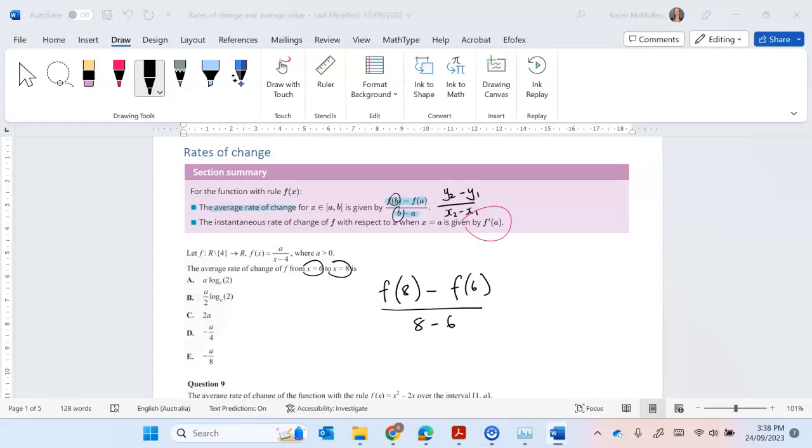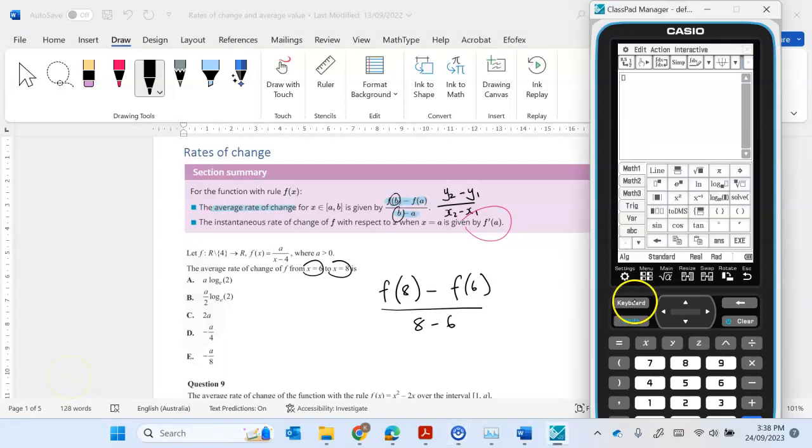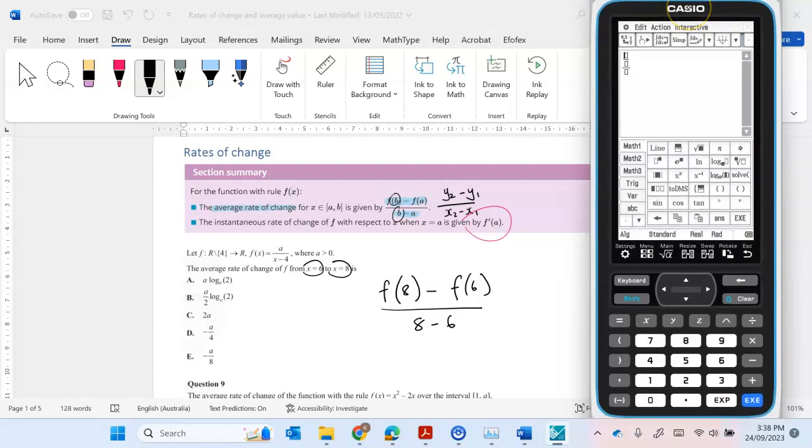It's probably not actually that hard to do by hand, but let's do it on the calculator because I want to. So I just had to open up my calculator. You can define the function, but I probably wouldn't bother. So we've got a over x minus 4.